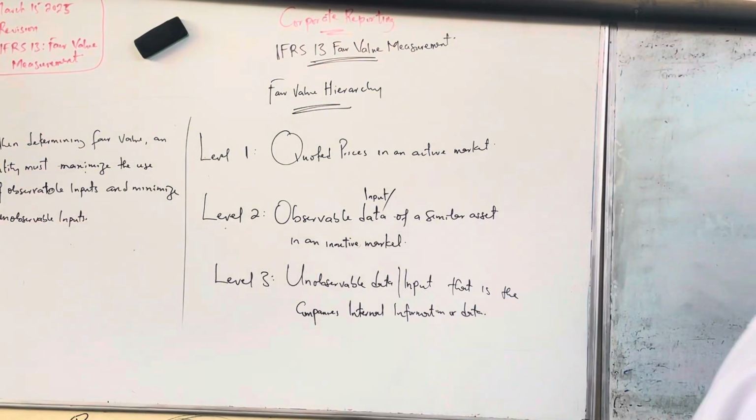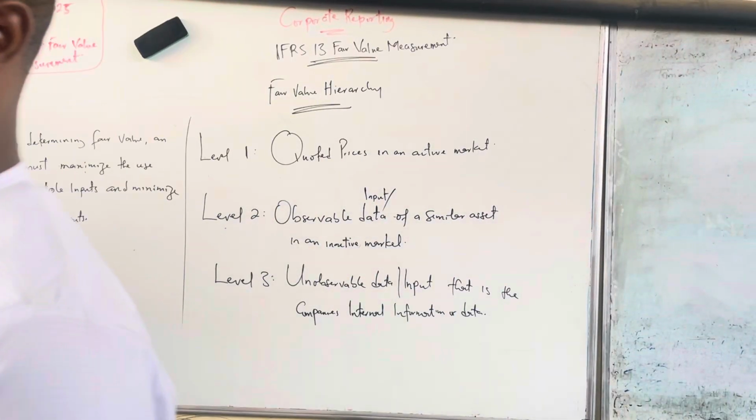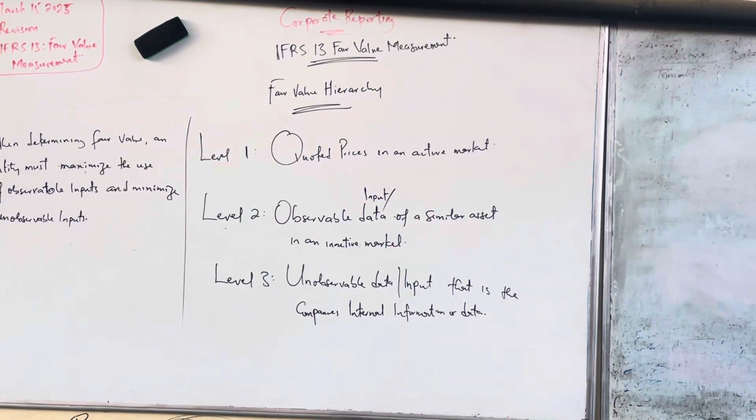So level 1 and level 2 is what is encouraged. This is a statement carved out from IFRS 13 that when you are determining your fair value, you must ensure that you maximize observable inputs and minimize unobservable ones as much as possible, except if you have no choice. That is when you can use your own company's data. And that's the fair value hierarchy.